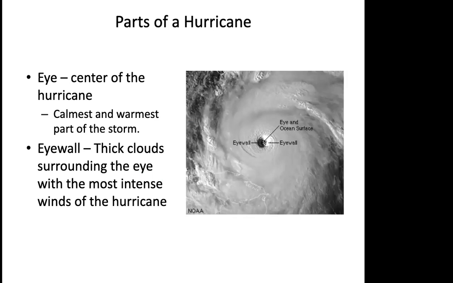You said it brings all the wind and rain. Okay? So the eye wall, these are the thick clouds that surround the eye with the most intense winds of the hurricane. So you said calmest because of the actual eye itself, but really what's around it is the worst part, right? Does that make sense? Okay. So that's really what I was getting at.